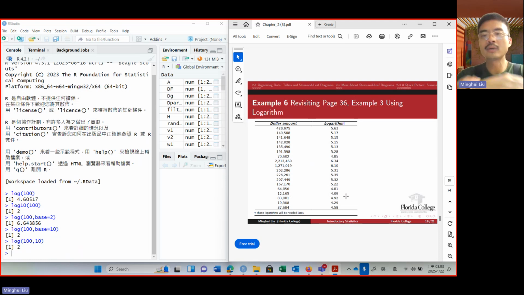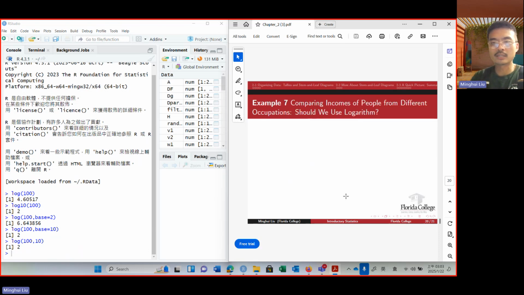So now the range of the data is reduced to a much smaller amount: 4 point something, 5 point something, up to 6 point something. This is a much smaller range, and therefore it's much easier to visualize using a histogram and other techniques.